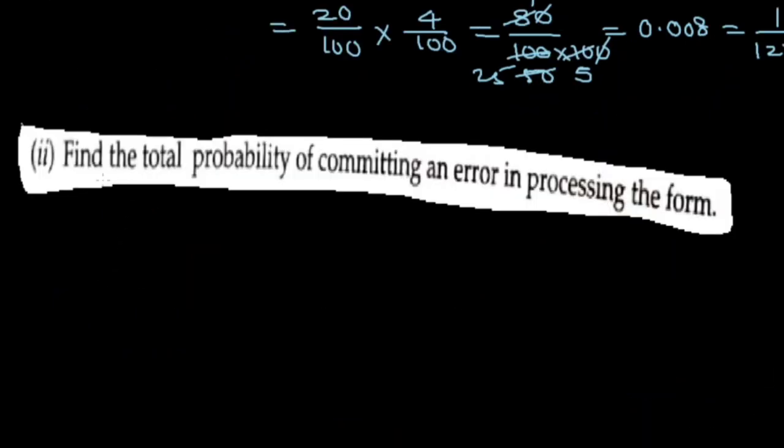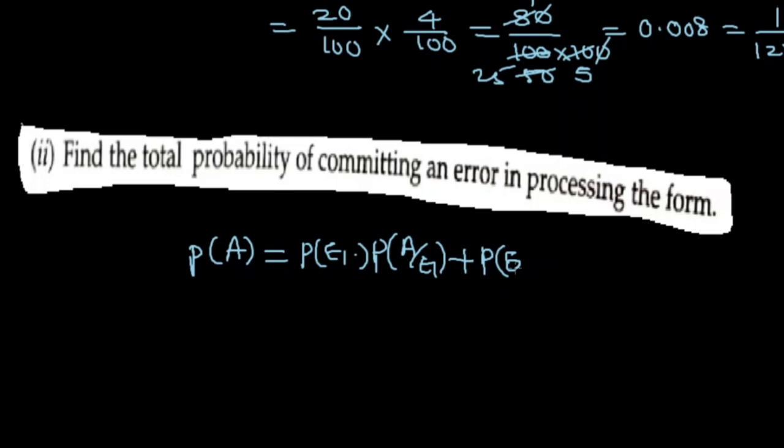Second question: find the total probability of committing an error in the process. So it is asking for P of A. What is P of A according to the total probability theorem? P of E1 into P of A by E1 plus P of E2 into P of A by E2 plus P of E3 into P of A by E3.